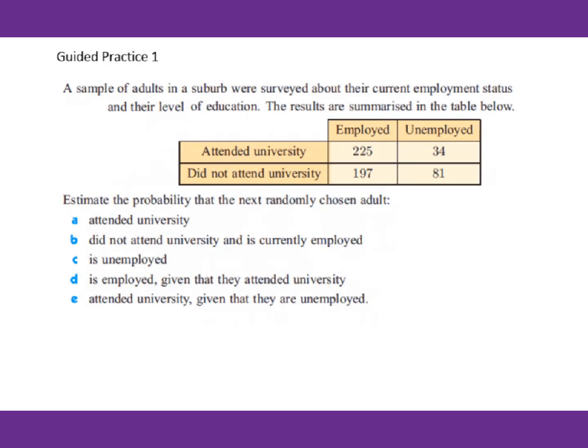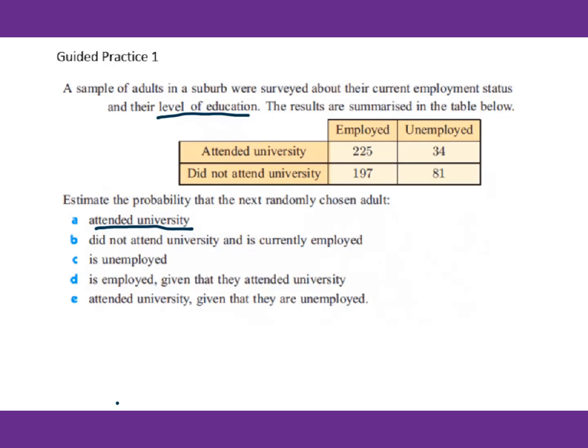A sample of adults in a suburb were surveyed about their current employment status and their level of education. The results are summarized in the table below. Estimate the probability that the next randomly chosen adult attended university.